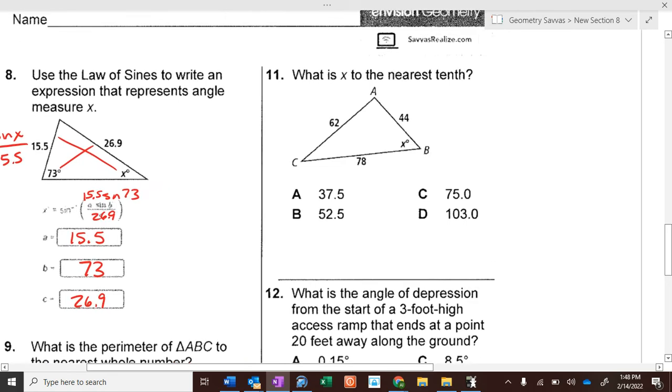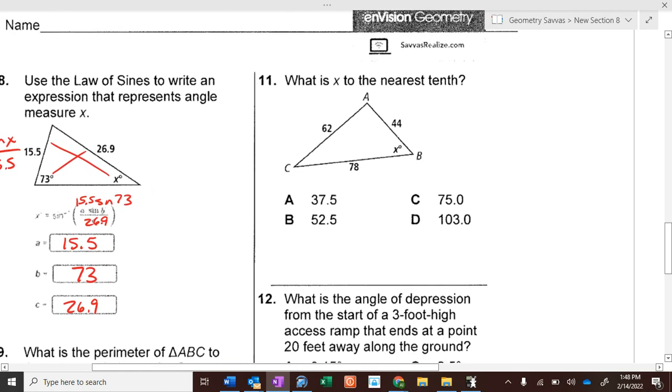Okay, this is also law of cosines. I would use one of these. So this is A, B, and C. So I'm looking for angle B, right?